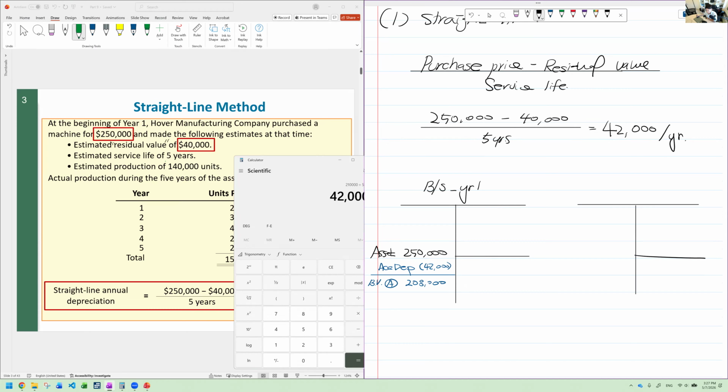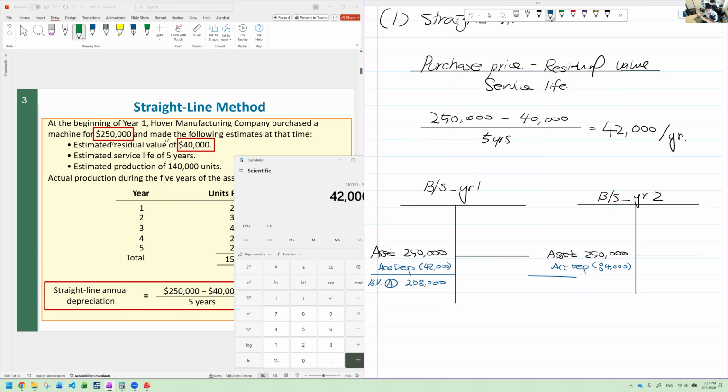And then at the end of year two, in the balance sheet, we still report this asset at purchase price of $250,000. And in year two, we add an additional $42,000 of depreciation. So accumulated depreciation at the end of year two becomes $84,000.